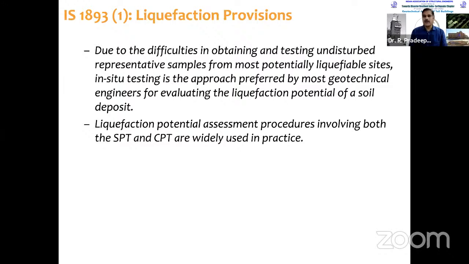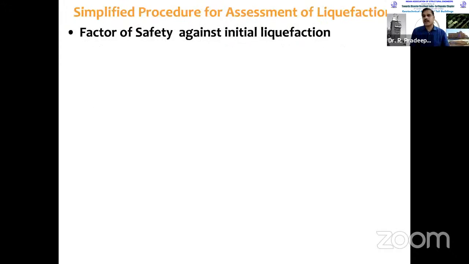Now coming to how we assess the liquefaction potential of the site by knowing the parameters from the site. This is what is given in IS 1893. A step-by-step procedure is given in IS 1893, which I am going to explain with some example also. So factor of safety against initial liquefaction.